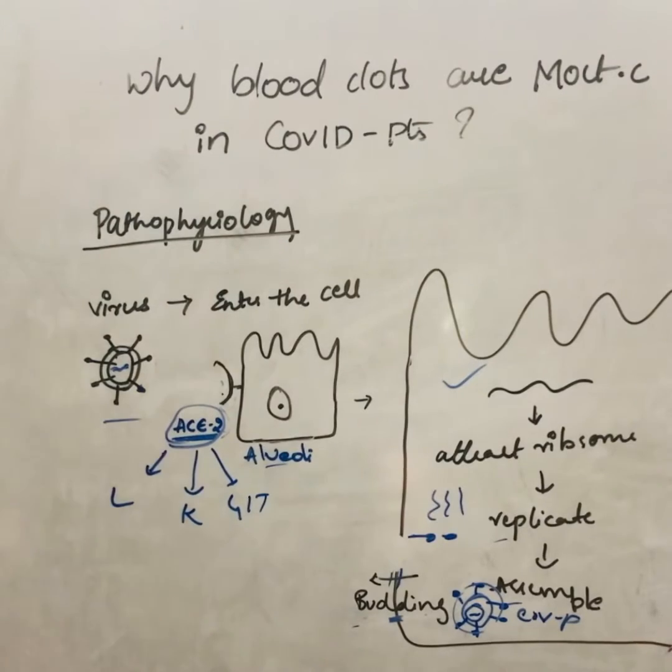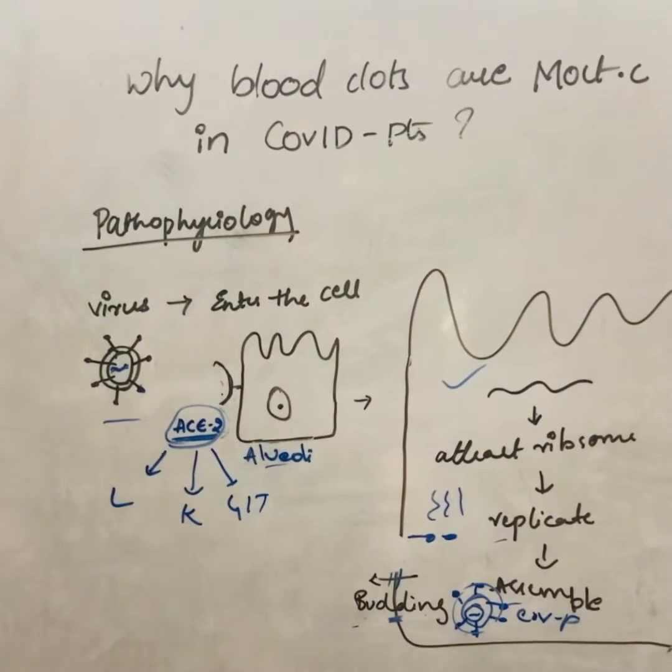After binding to the ACE2 receptors, the genetic material of the virus is going to enter the cell, right? After entering, it's going to attract a large amount of ribosomes from the endoplasmic reticulum and the Golgi apparatus, so that replication of this virus is going to start. Some parts of RNA virus, some parts of envelope protein, some parts of spikes are formed here.